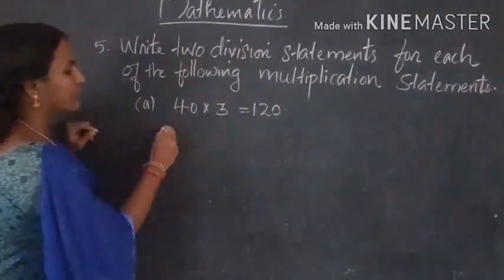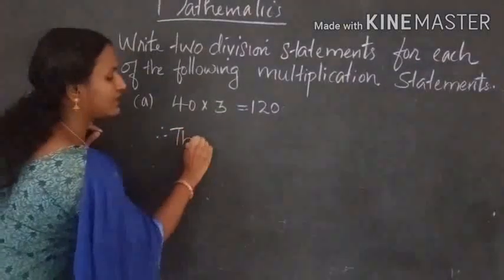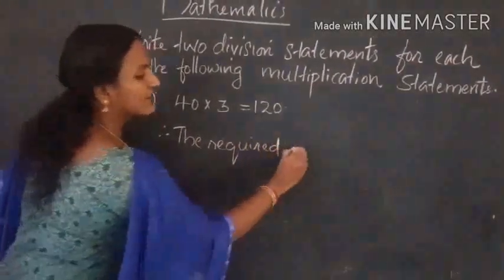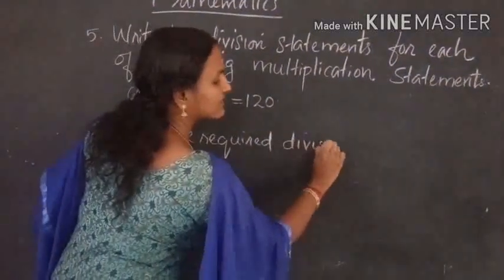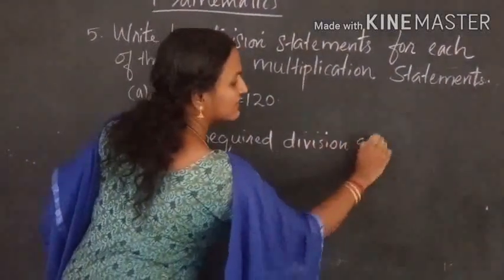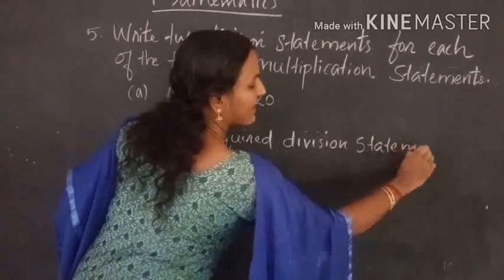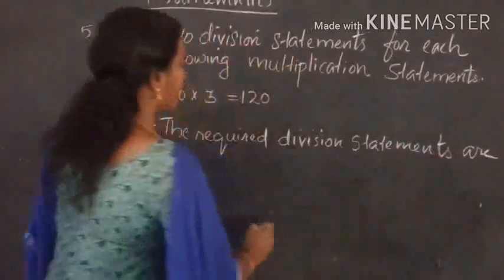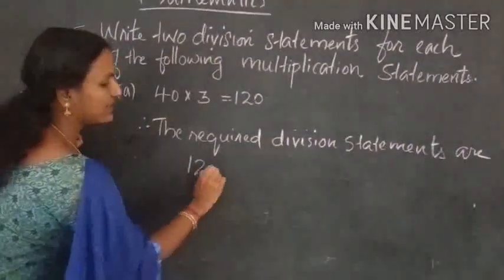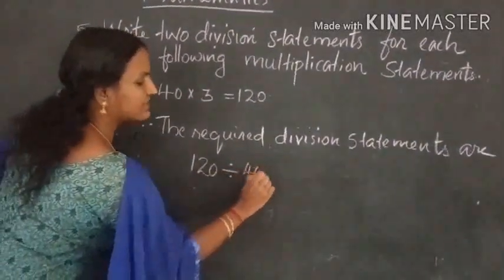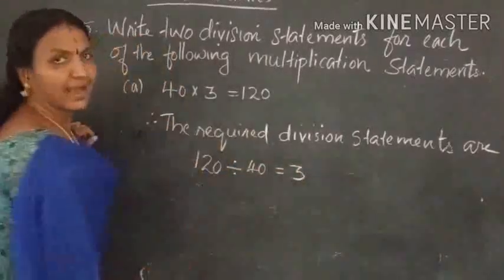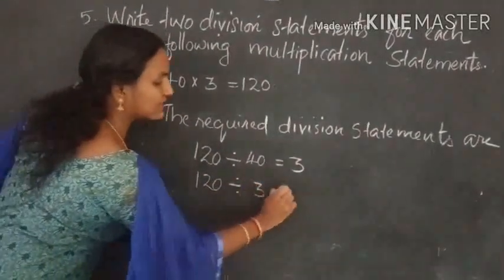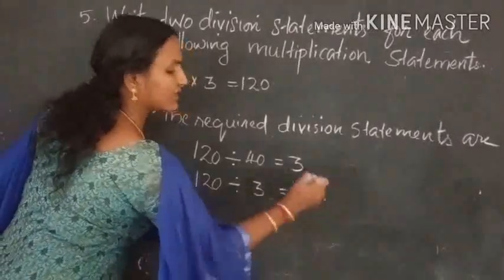So, therefore, the required division statements are 120 divided by 40 is equal to 3 and 120 divided by 3 is equal to 40.